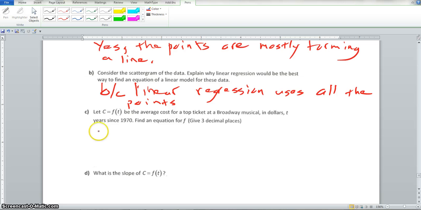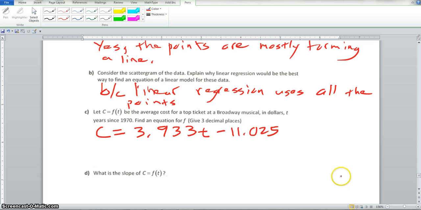Now you will need to put all this data into your calculator and it will give you the linear regression model of C is equal to 3.933t minus 11.025. Now, of course, in your calculator, it's going to have y, and this will be x. So you have to put in c for y and t for x.